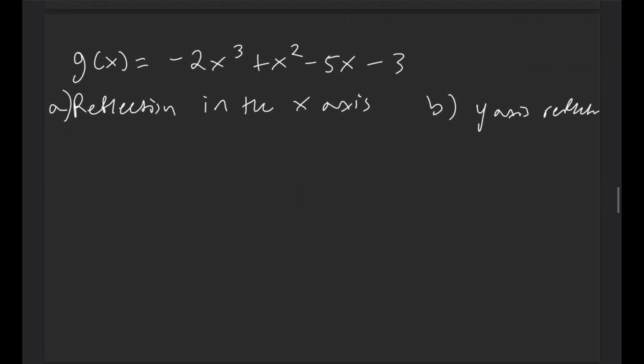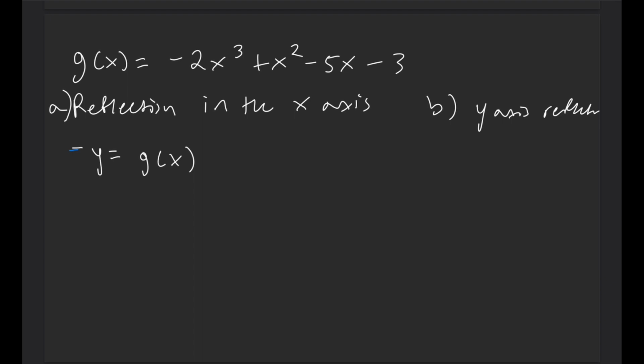Okay, now let's try this. I'll give you a second to try it, but in this one, basically we have a function, g of x, and we have to write the equation after a reflection in the x-axis and the y-axis. So in the x-axis, we would go like this, and I'll do it in white. Negative y equals g of x, right?